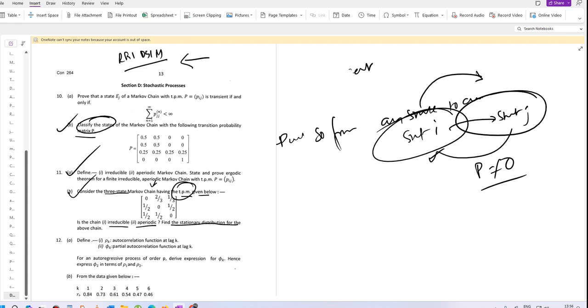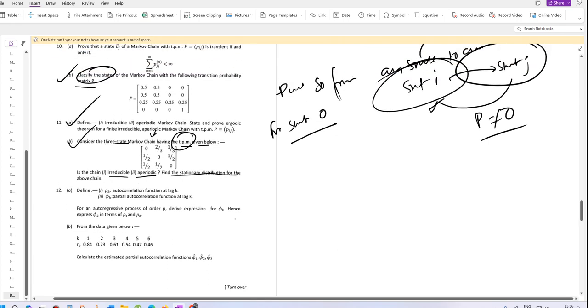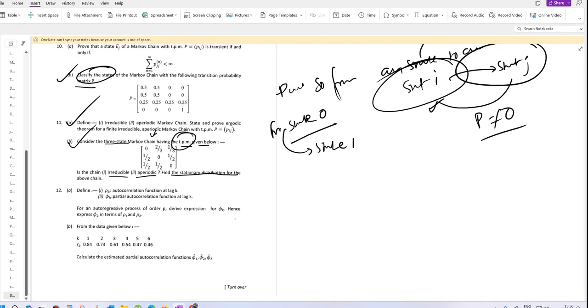For example, for state 0, what happens? We can go to state 1 with probability 1 by 3, and then from state 1 we can go to state 2 with probability half.